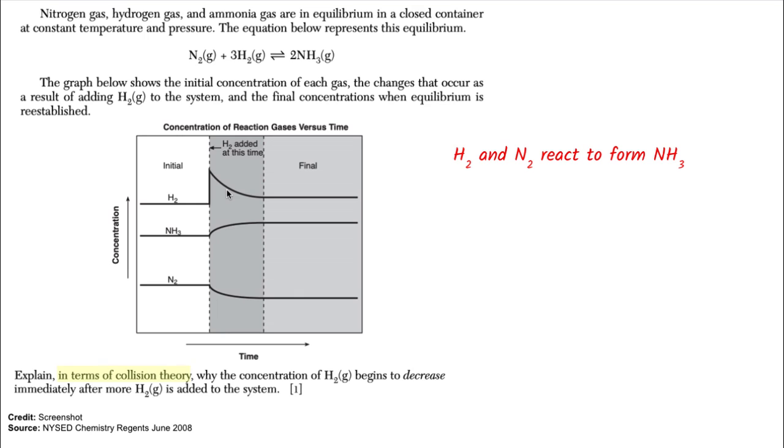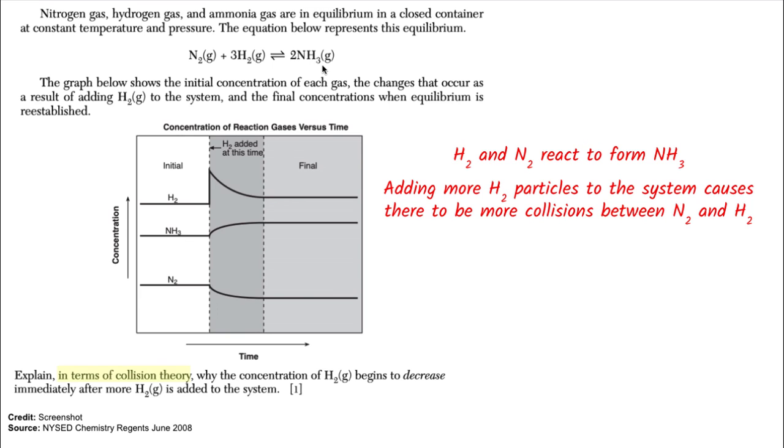So H2 and N2 are the reactants in this reaction. They are reacting to form NH3. Adding more H2 particles to the system will cause there to be more H2 collisions with N2. So once I've added more H2 particles, there will be more H2 particles to collide with the N2.